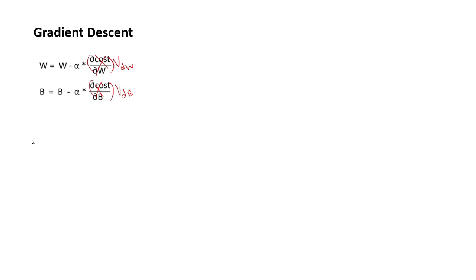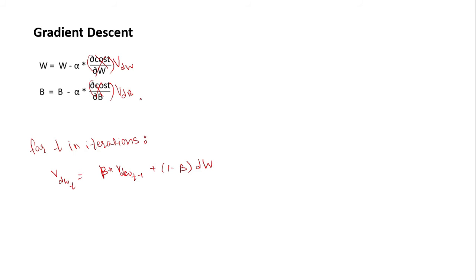So for example, if we were repeating this for t iterations, then VdW for that iteration is given by beta times VdW for the previous iteration plus 1 minus beta multiplied by dW.